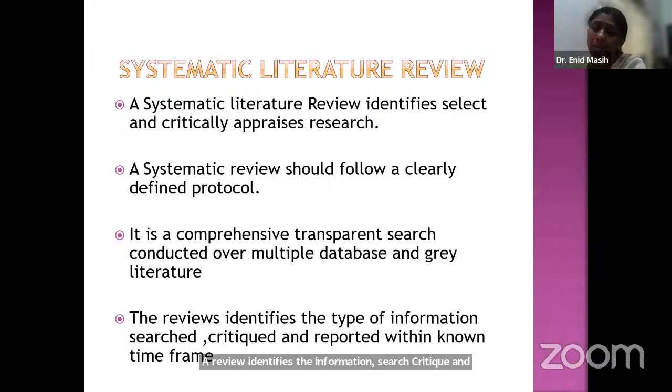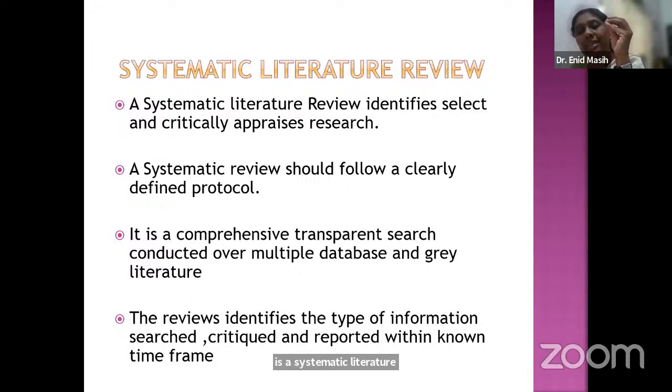This is also important because if you look at the different types of literature review, you will see that a systematic literature review is sometimes based on a time frame, like the studies conducted from 2010, let's suppose, till 2020. So we are only going to focus on that time frame.